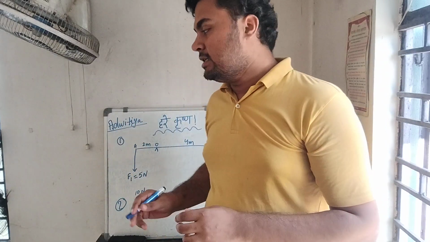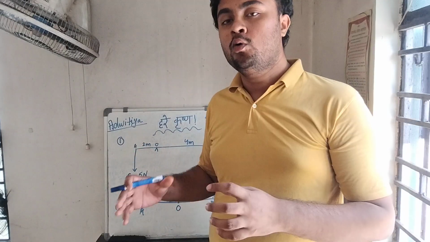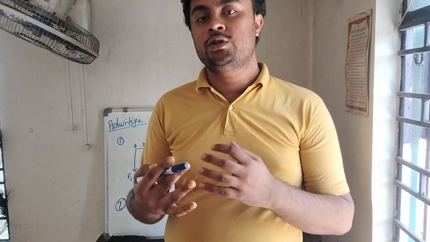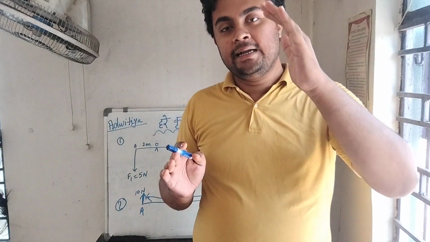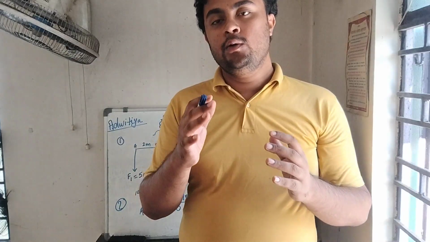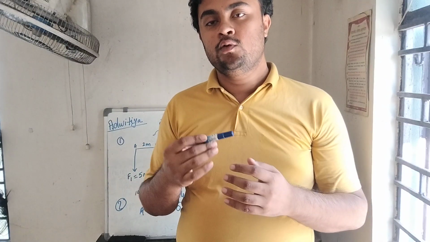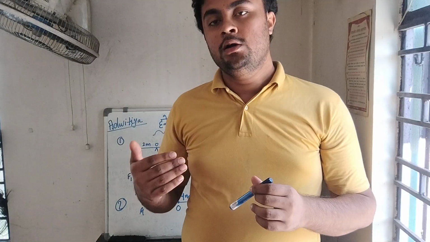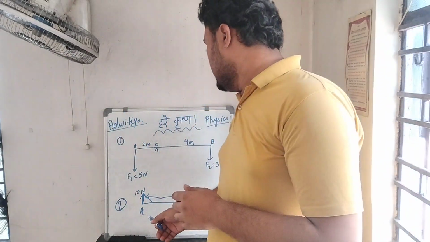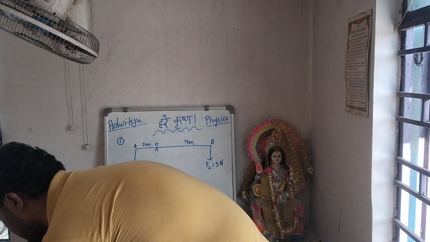Okay, so this is a simple numerical. The only thing with such numericals can be your confusion in clockwise and anti-clockwise moment. Like I got confused. Similarly, you can also have such confusion. If you practice more, you will be able to clarify these mistakes. Okay, let's move on to the next question.